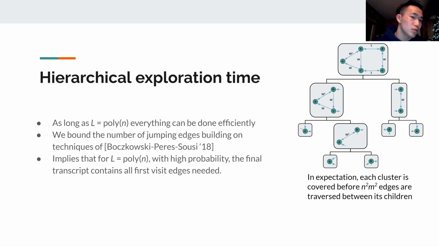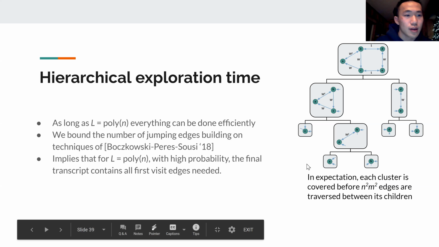And to prove that with very high probability we do, what we're going to do is bound this quantity: if you imagine a random walk on this graph, for each of the clusters, when this random walk has visited every vertex in the cluster, just how many times has it entered and exited the cluster?